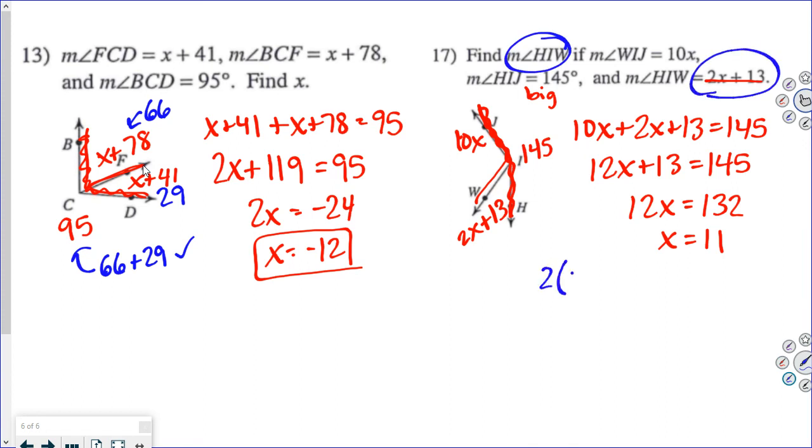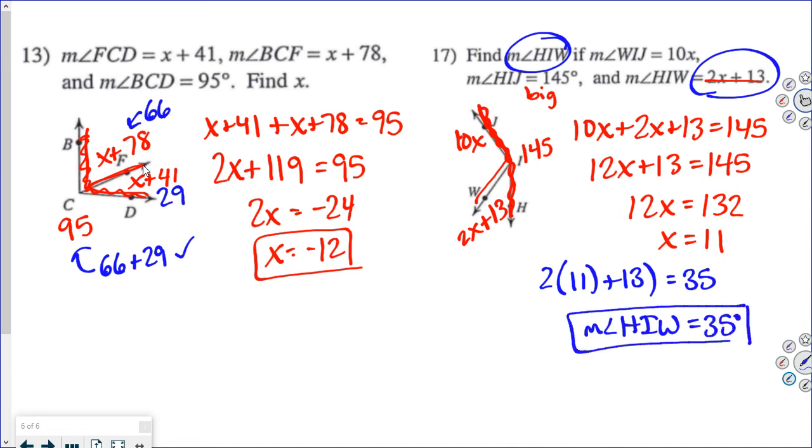So we get 2 times 11 plus 13, which gives us 35. And so our HIW equals 35 degrees. Again, we're using that same concept that we did with segment addition, now just with angle addition. The big thing, make sure you know which angle they are referencing.